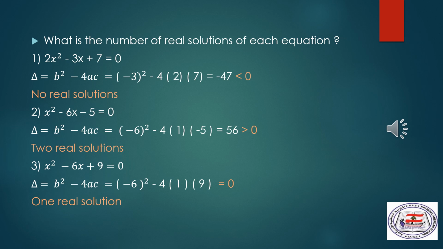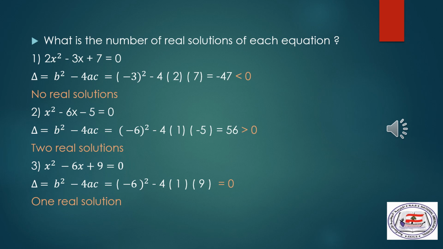And number 2, x squared minus 6x minus 5 is equal to 0. Delta gives a positive value, so we can deduce that the curve admits two real solutions, or the curve cuts the x-axis at 2 points.